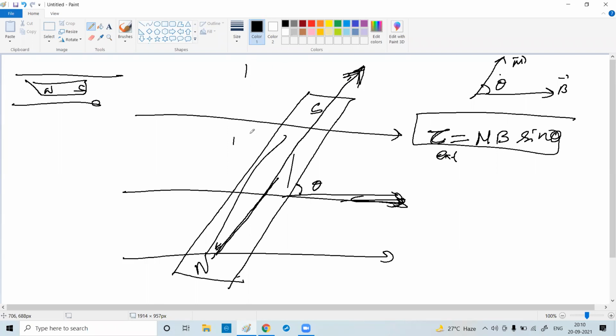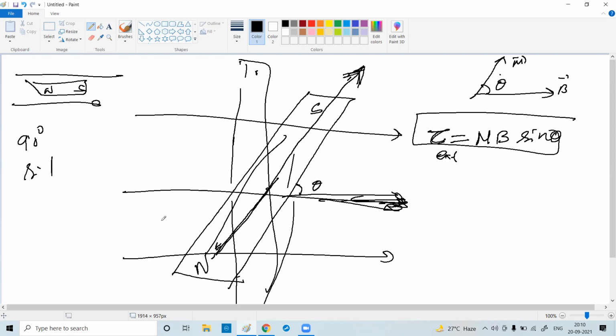Yesterday we already learned why: because the angle between the magnet and the magnetic field is 90, so sine 90 is maximum. So maximum torque applies when the magnet is in vertical position. So the torque external will be MB sine theta. Agree with me?